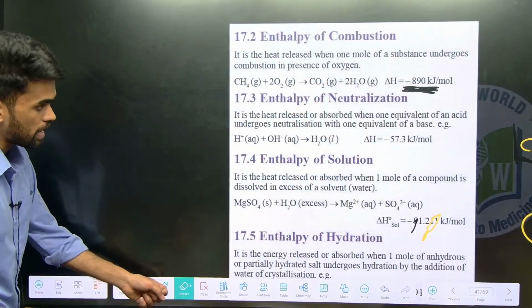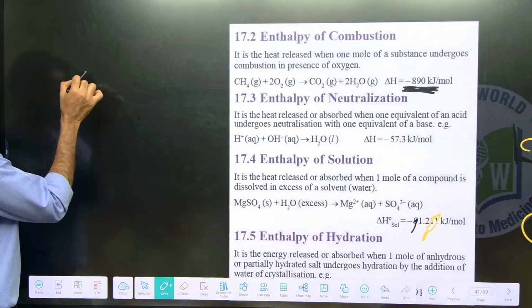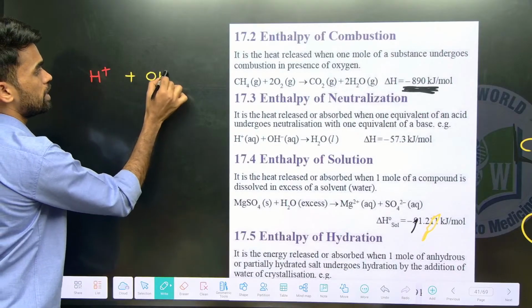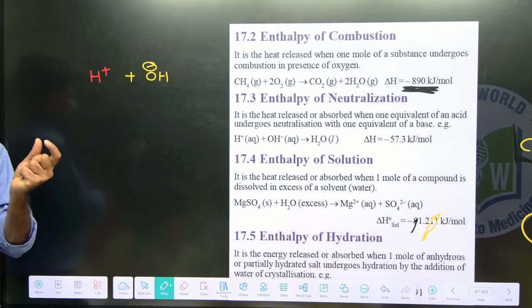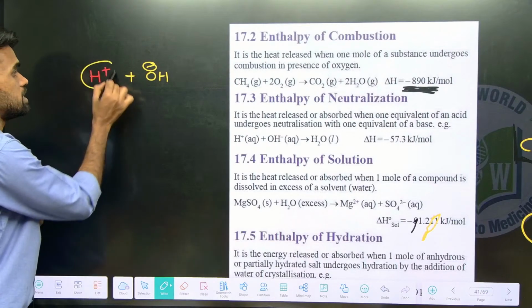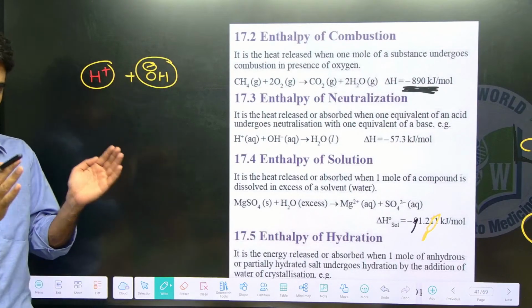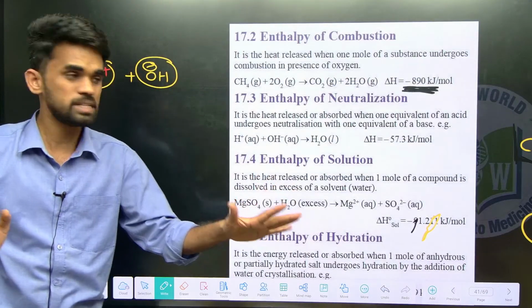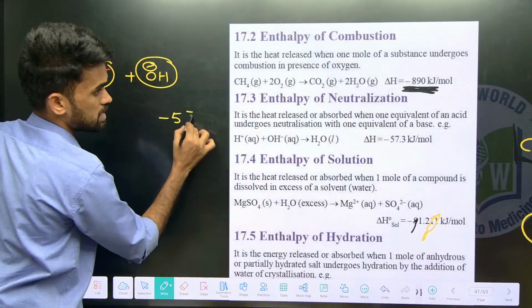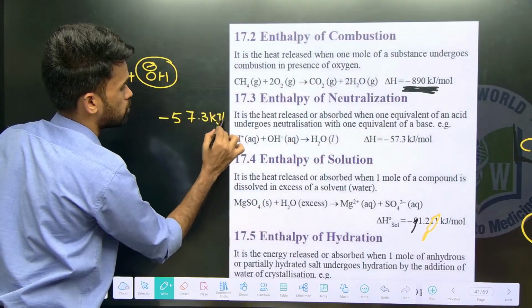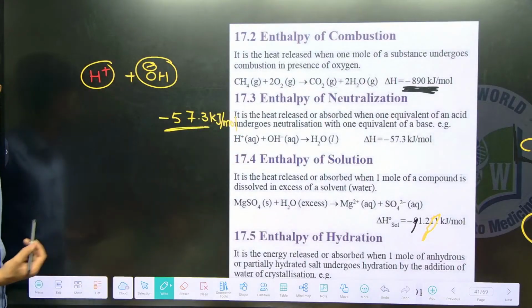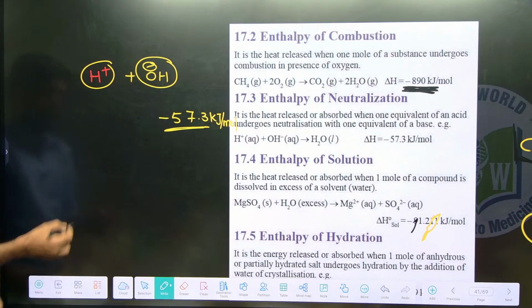See, if you have a strong acid and strong base, a strong acid will provide H plus, and a base will provide OH minus. If a neutralization reaction is taking place between a strong acid and a strong base, during that process some amount of energy is released. That energy is fixed. How much energy is it? Minus 57.3 kilojoule per mole.